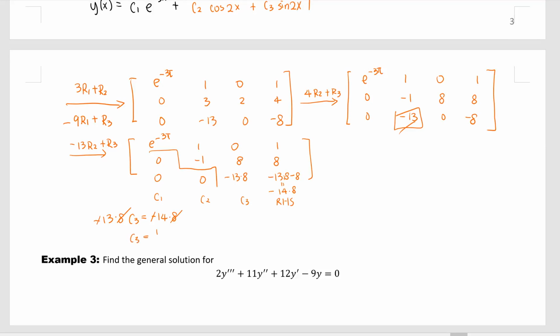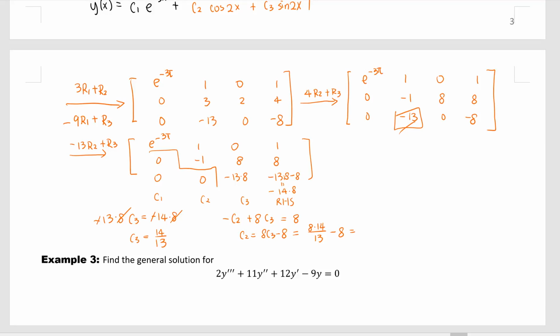C3 is 14 over 13. Yes, so plug in the second row. Minus C2 plus 8C3 equals to 8. C2 is then 8C3 minus 8. So that is 8 times 14 over 13 minus 8.